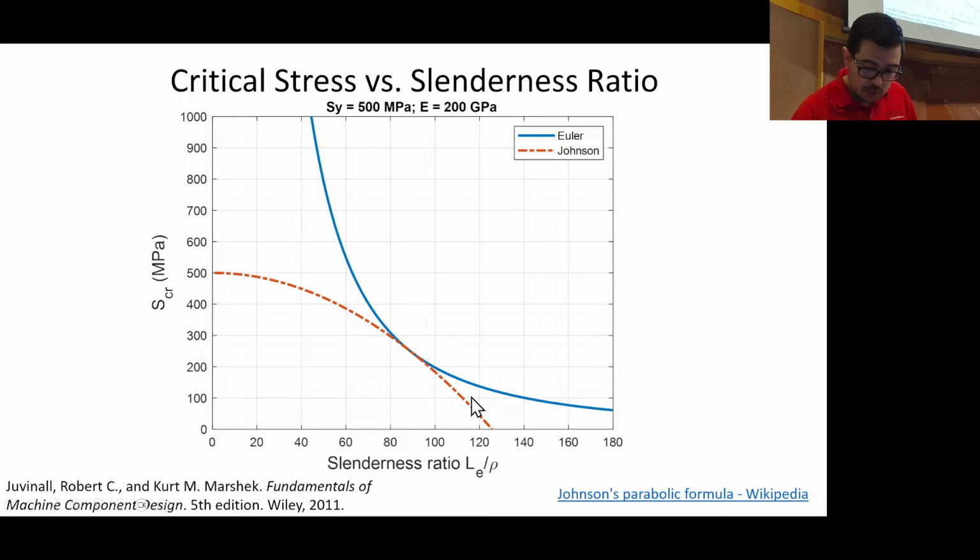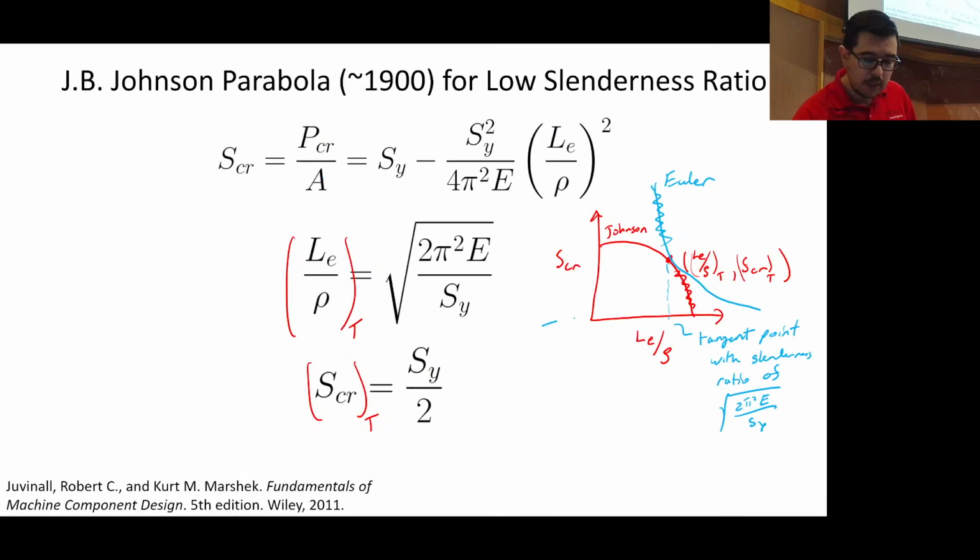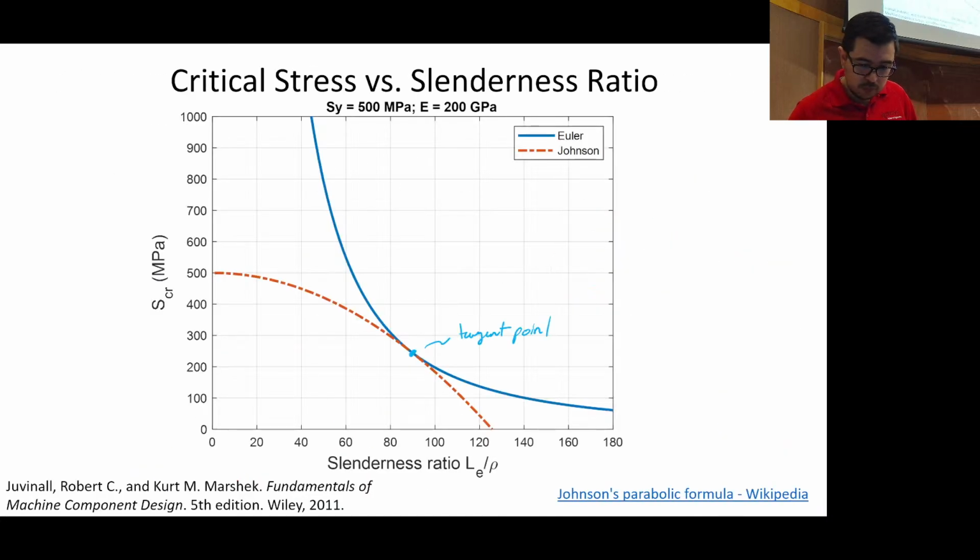That's the tangent point. Below it, the Euler curve is ignored, and once you get over here, the Johnson part is ignored.